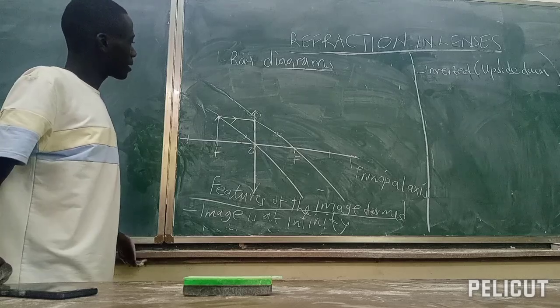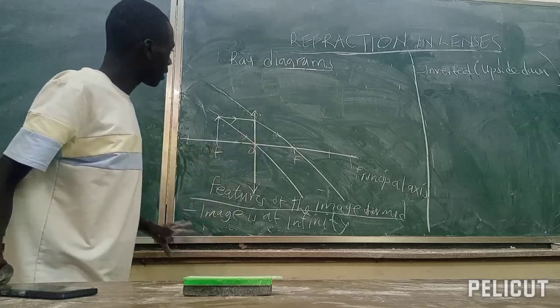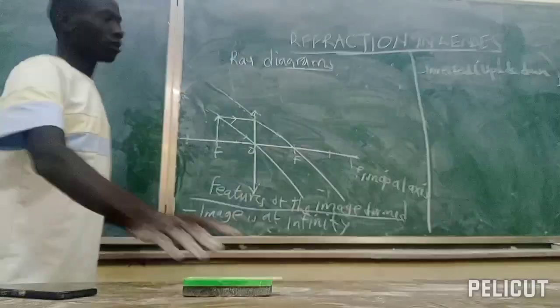Okay, we're going to look at the last part of the ray diagram in a converging lens.